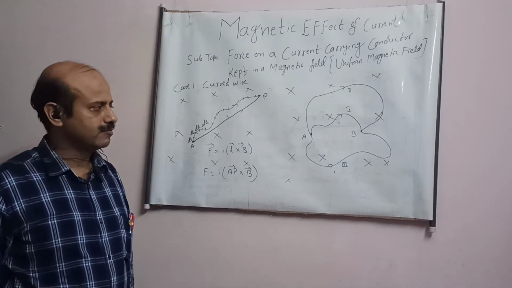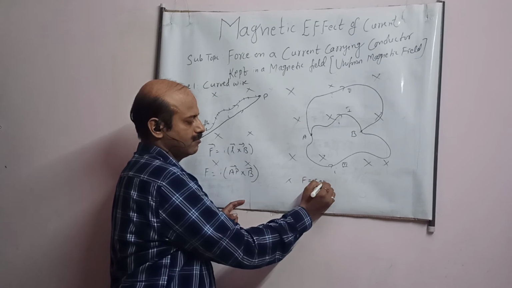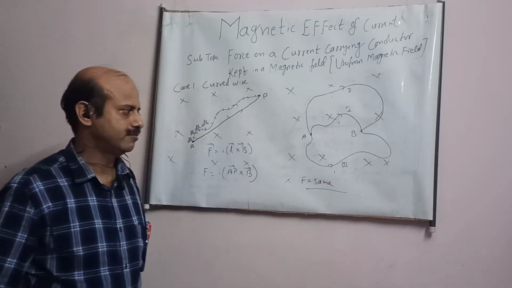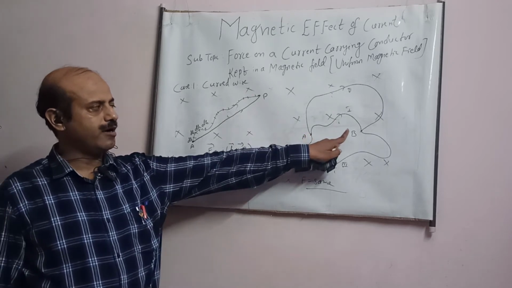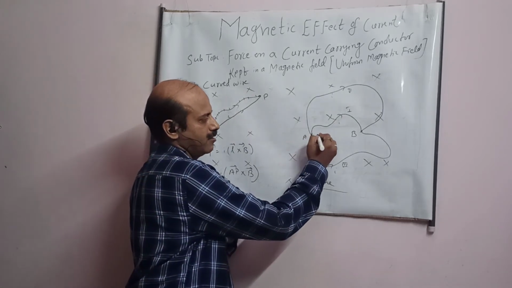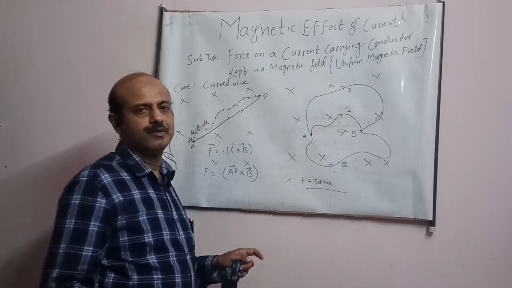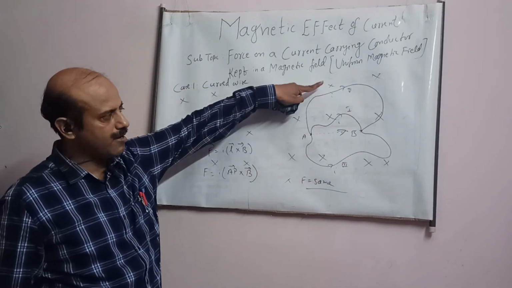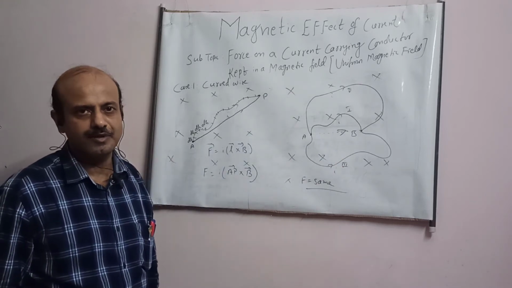Okay, student? In all the cases, student, the F will be same. Force will be same, student, because they are all between these 2 points. You just join a straight line and find force on this wire. It will be same as this, same as this, same as this. Same result will come, student.